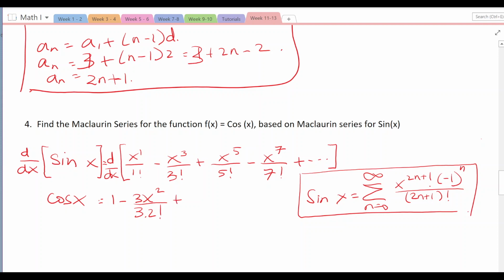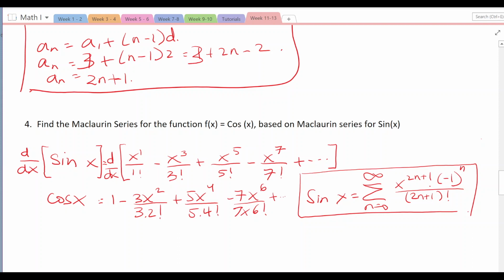And then the next one is positive 5x to the power of 4 divided by 5 factorial, which is the same as 5 times 4 factorial. And then the next one is negative 7x to the power of 6 over 7 factorial, which I'm going to write as 7 times 6 factorial, plus dot dot dot.